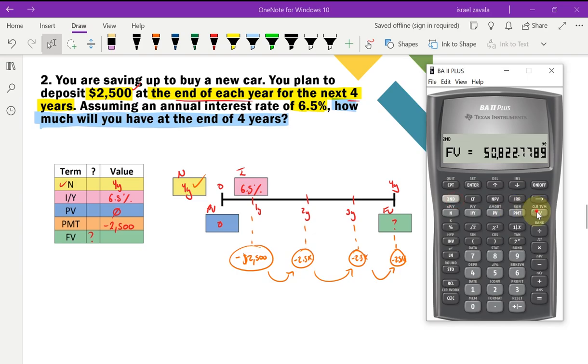We're going to second clear our old work. So top to bottom here, we have 4 years. The interest rate is 6.5%. Present value is 0. Payments is negative 2,500. And we are looking to compute the future value. Okay, so 11,017.94.